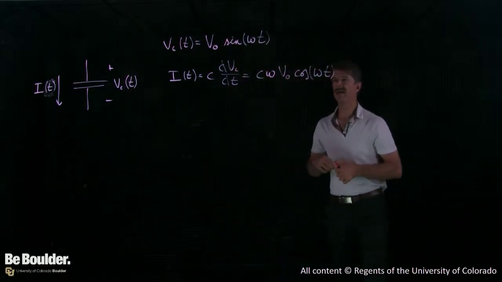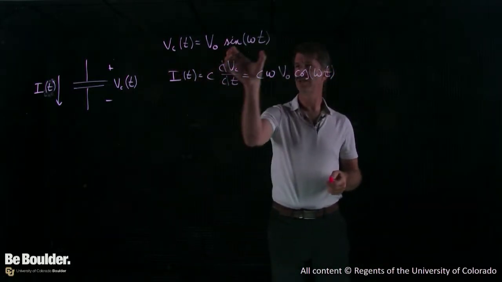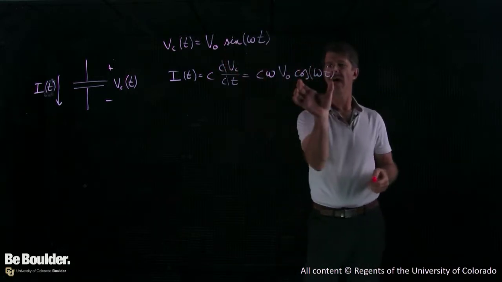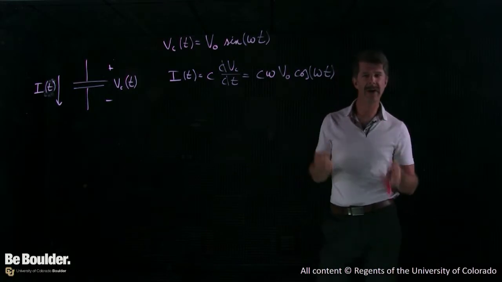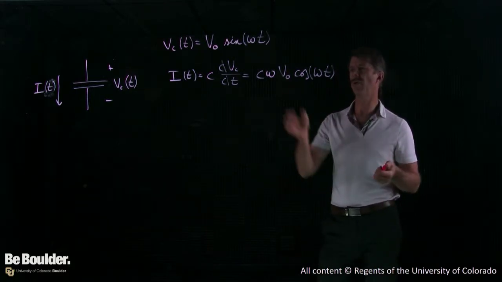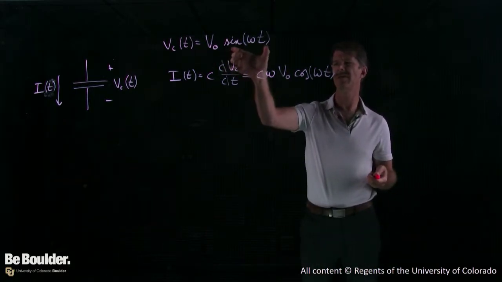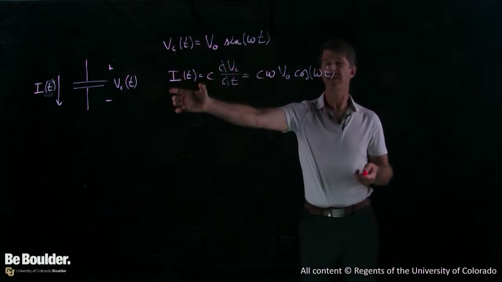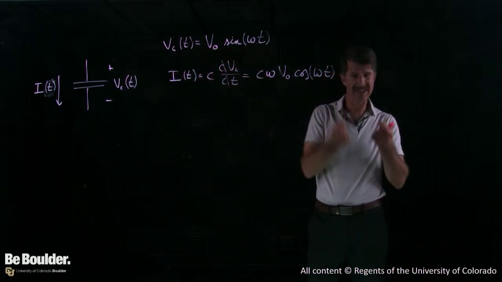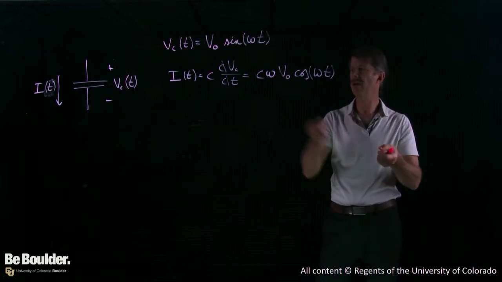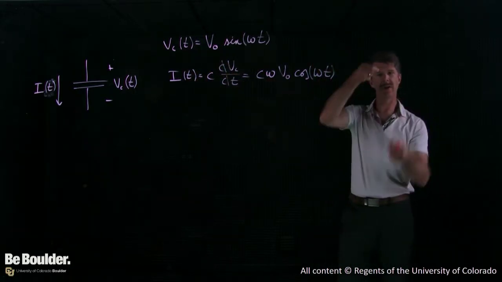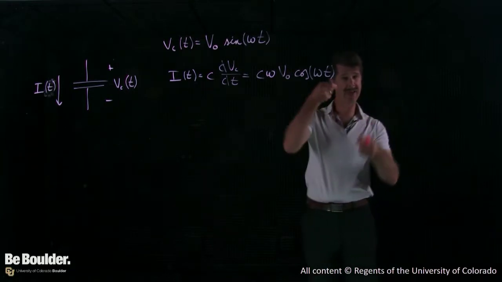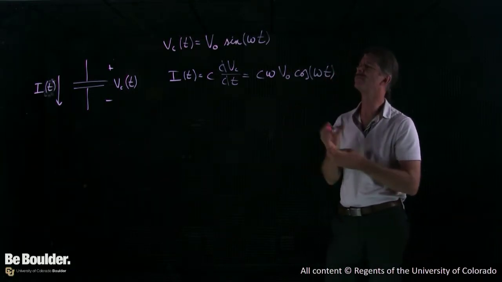So my driving function is a sine, S-I-N, and my current responds with a cosine. Again, very different than a resistor. If you put a sine wave across a resistor in the voltage, the current will be a sine wave. It's instantaneously the same. But with this device that has this derivative relationship, they're always 90 degrees out of phase, and that's a dramatic difference.